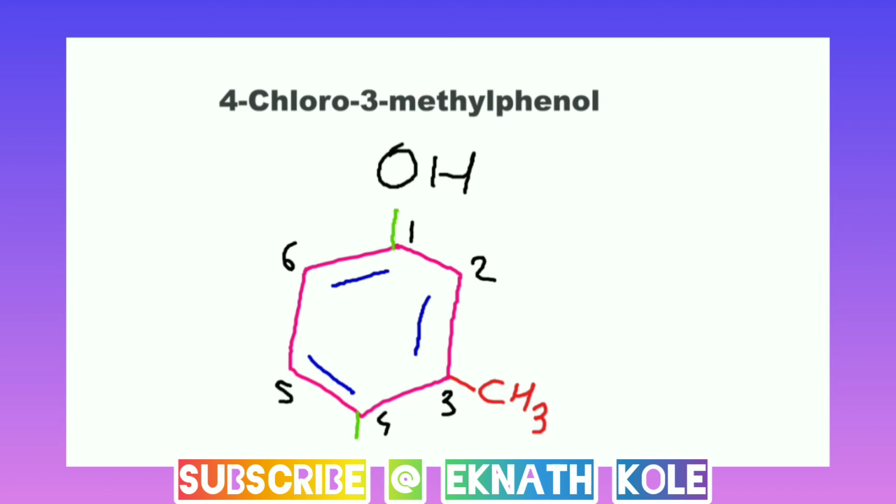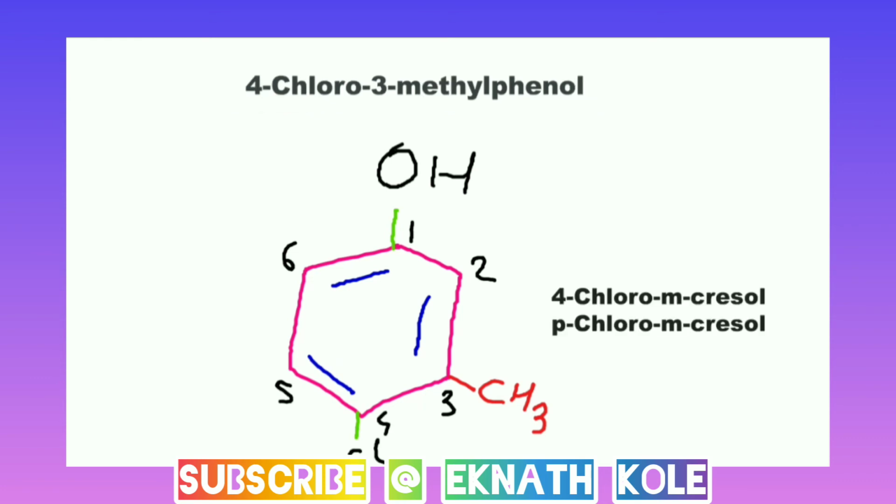Then have a look, you have to number the structure 1, 2, 3, 4, 5, 6. This is the basic moiety of cresol. If you number, on the third position we have the methyl group, and you just have to put the chlorine on the fourth position.